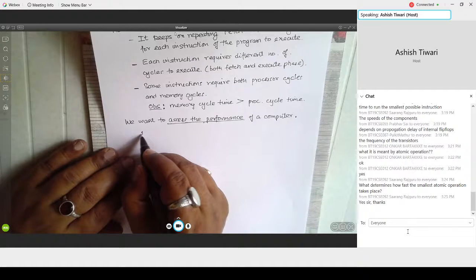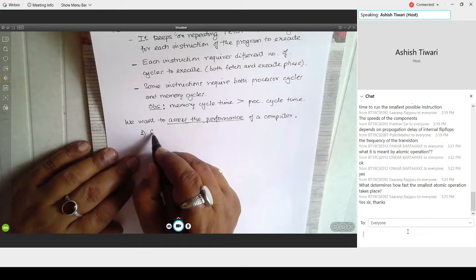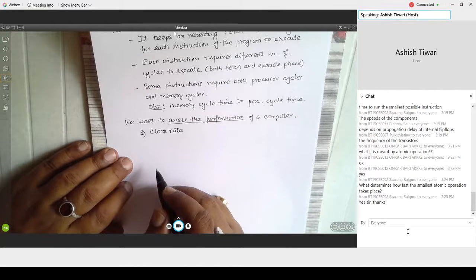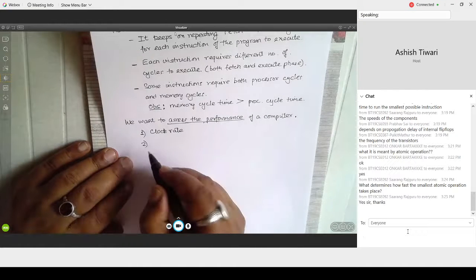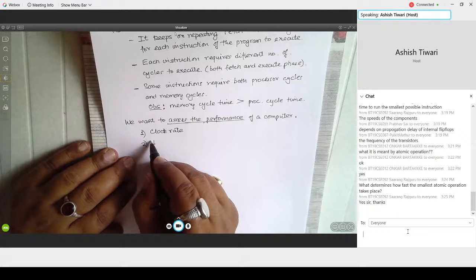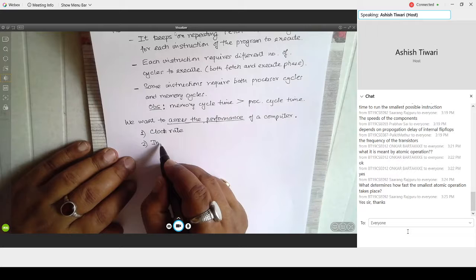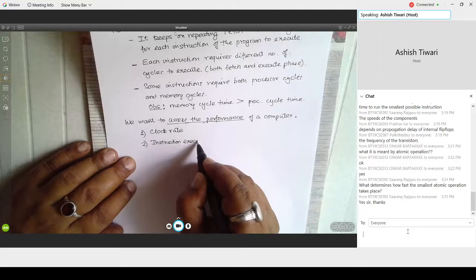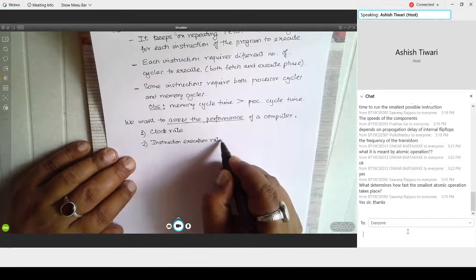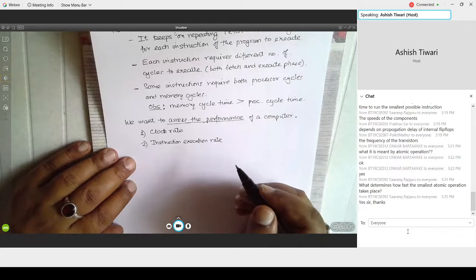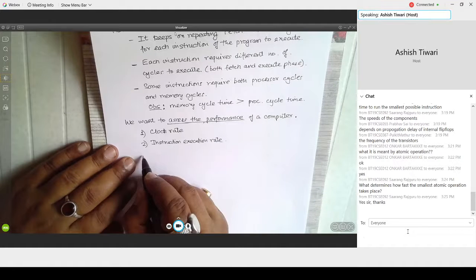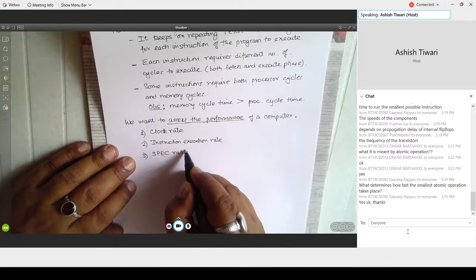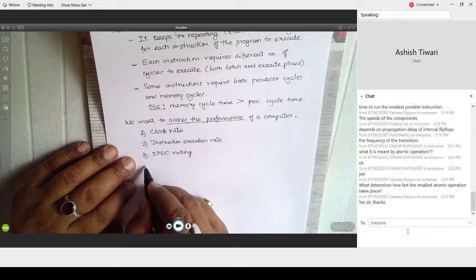The first way is what is called the clock rate. The second one is called the instruction execution rate. The third one is called a SPEC rating. And the fourth one is called Amdahl's law.